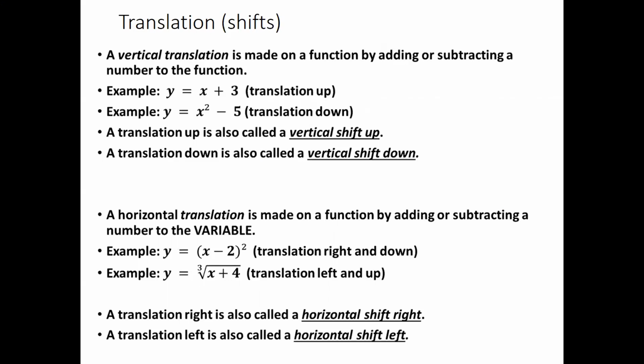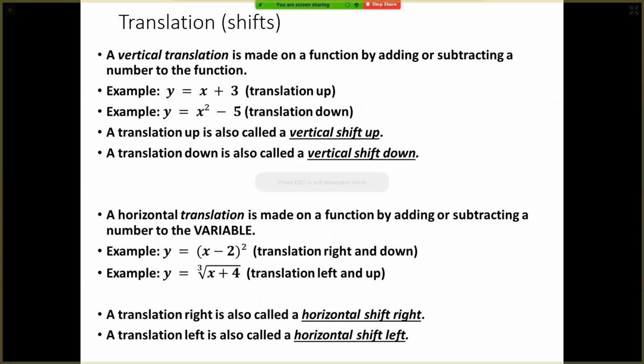Normally it's just hanging out at the end. The first equation is a linear, but that plus 3 at the end makes this translation. So you're translating up. If it's positive, it moves up. If the number out at the end is negative, you're going to move your graph down.